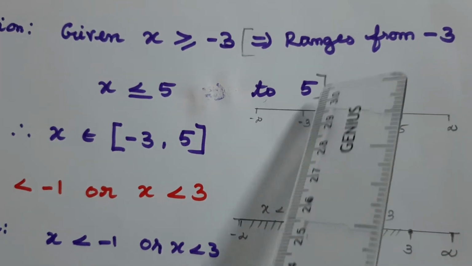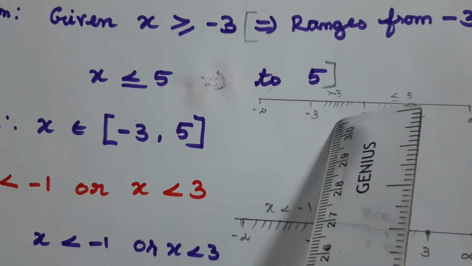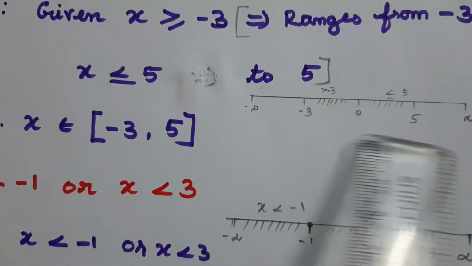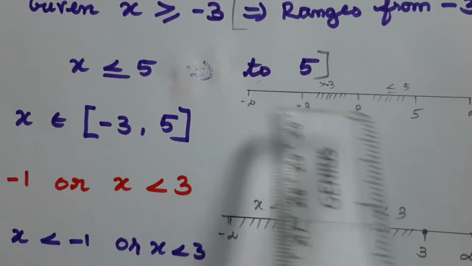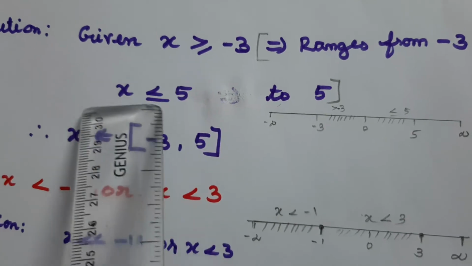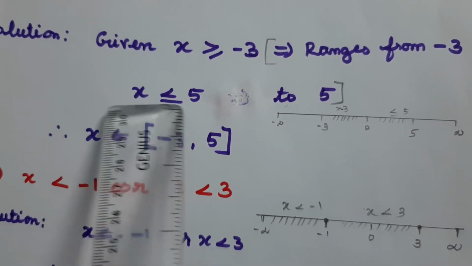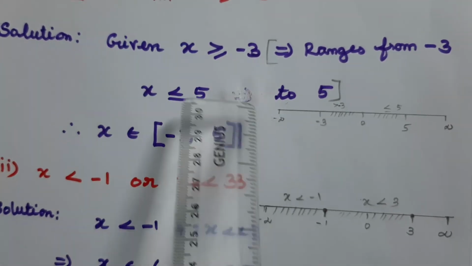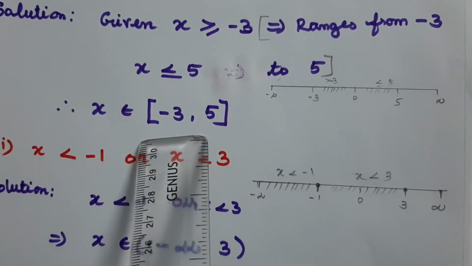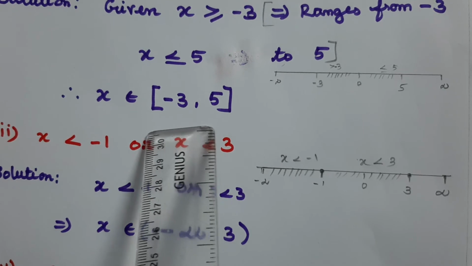Greater than -3 means right hand side here, and less than 5 means left hand side here. So, we can write your interval -3 to +5, and also equal to sign is given for both the values. So, both -3 as well as the 5 is included. So, we can write both in the closed bracket. So, -3 comma 5.